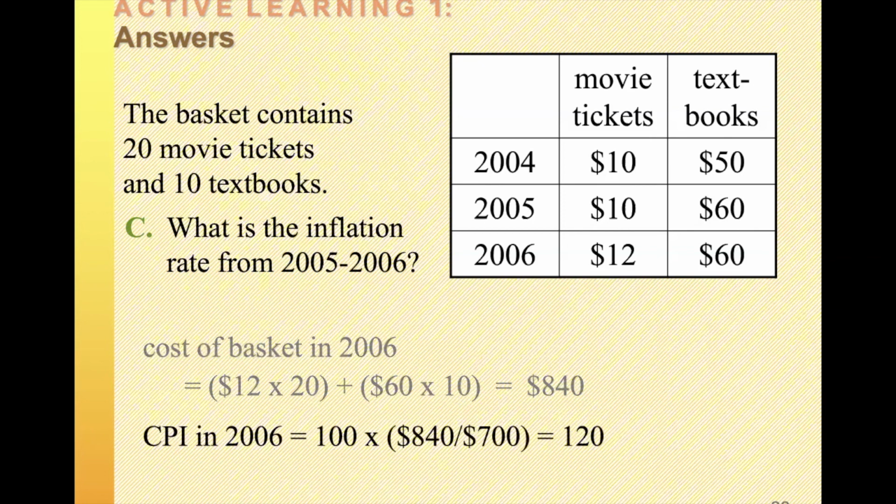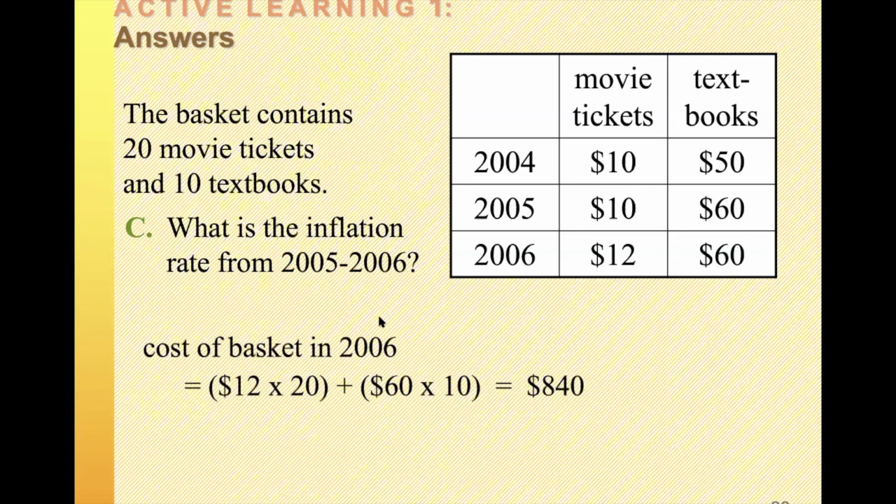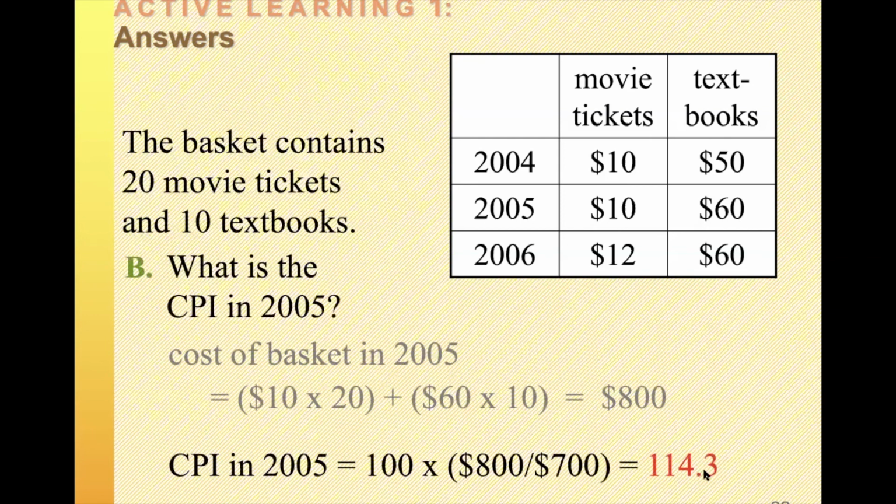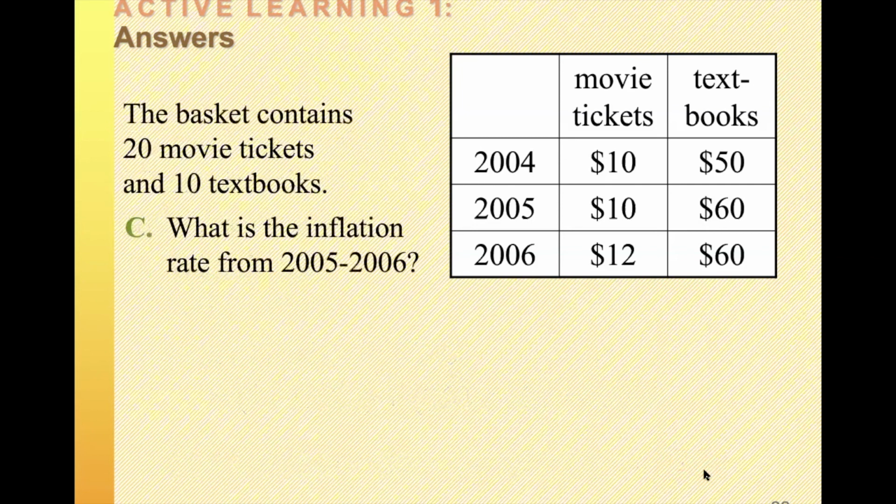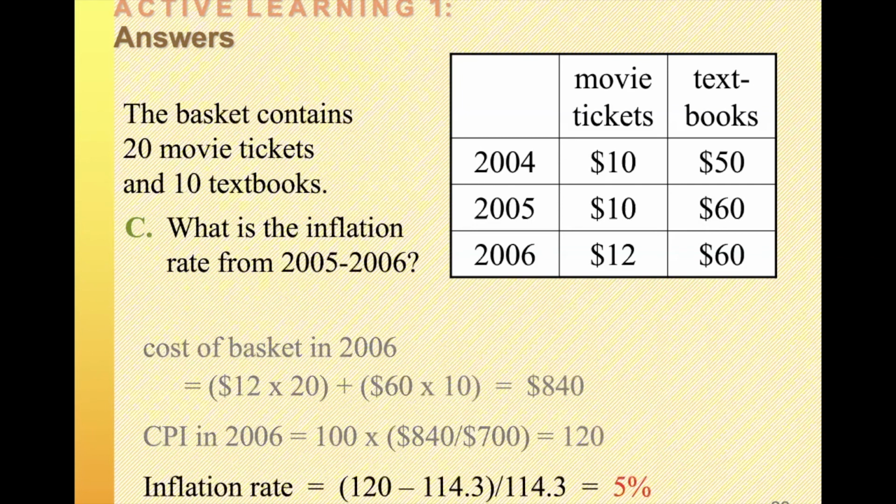Once you get CPI 120, you need to use the answer of this to calculate the inflation. You see, 114.3. So this is 5%. So the answer is the inflation between 2005 and 6 is 5%, as you may answer.